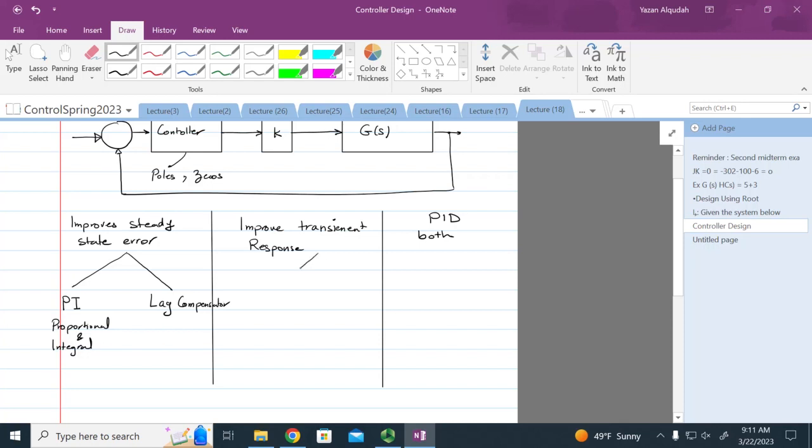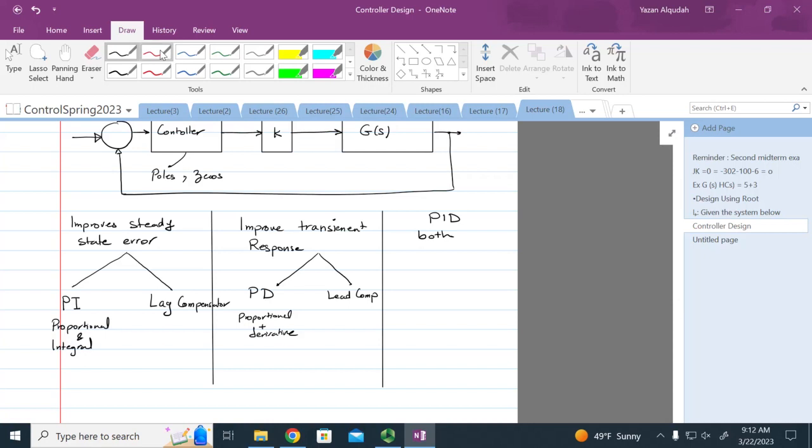For the controllers that are going to improve the transient response, we're going to be looking at the proportional plus derivative, and the lead compensator. And then we're going to look at combining them with the PID controller.